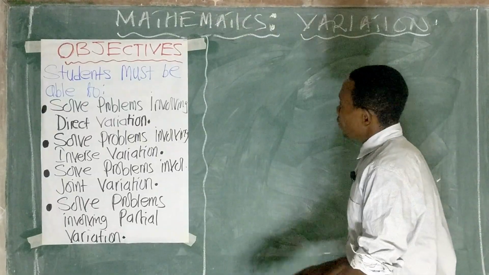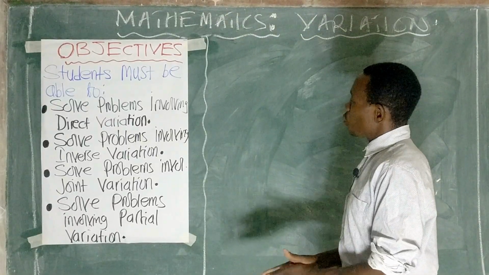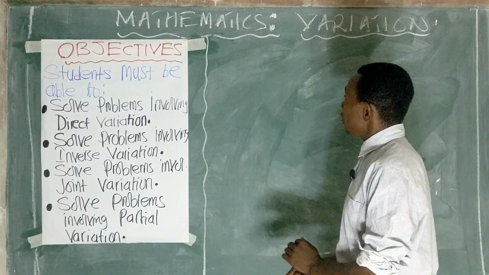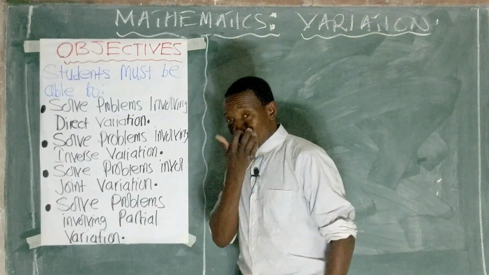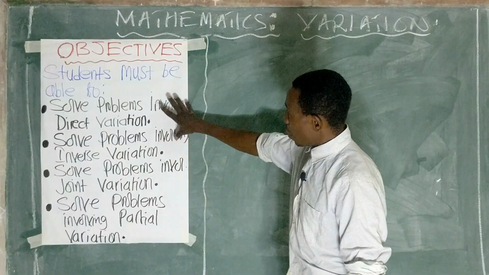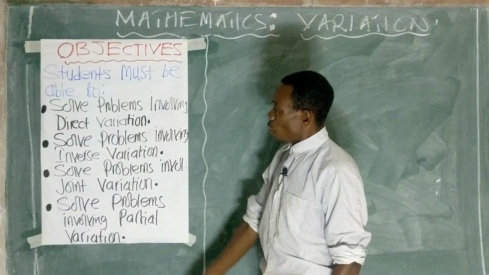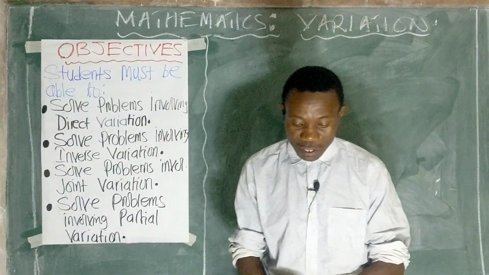Let us get to know about the objectives that will help us to move along until we finish the entire topic. As students, make sure at the end you should at least be able to do the following 4 objectives. These are the main ones.